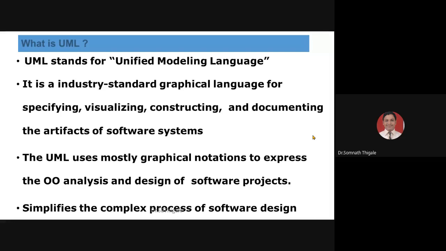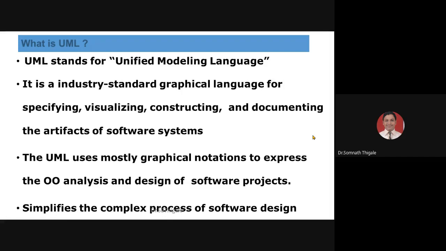In the designing phase, whatever specification has been mentioned by the analyst team, as a designer you have to represent it in graphical notations. To represent it in graphical notations, we take the help of a language called UML.